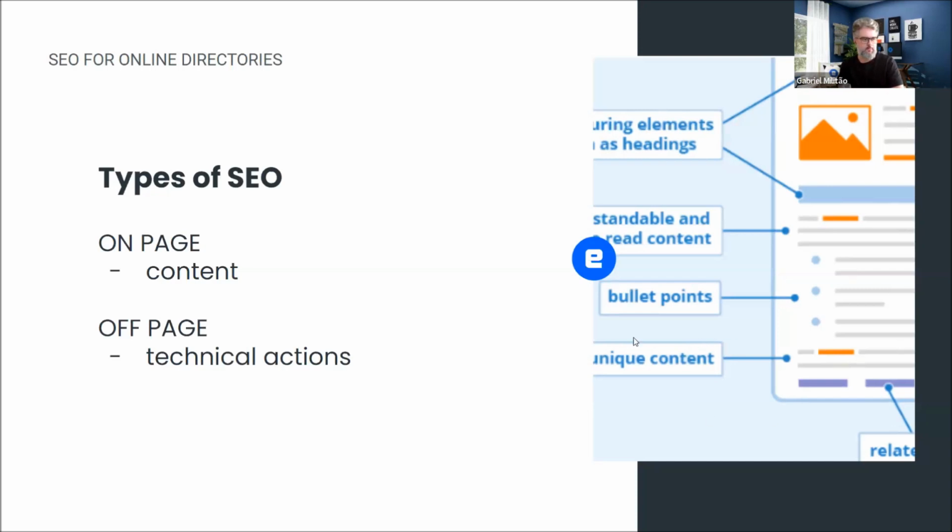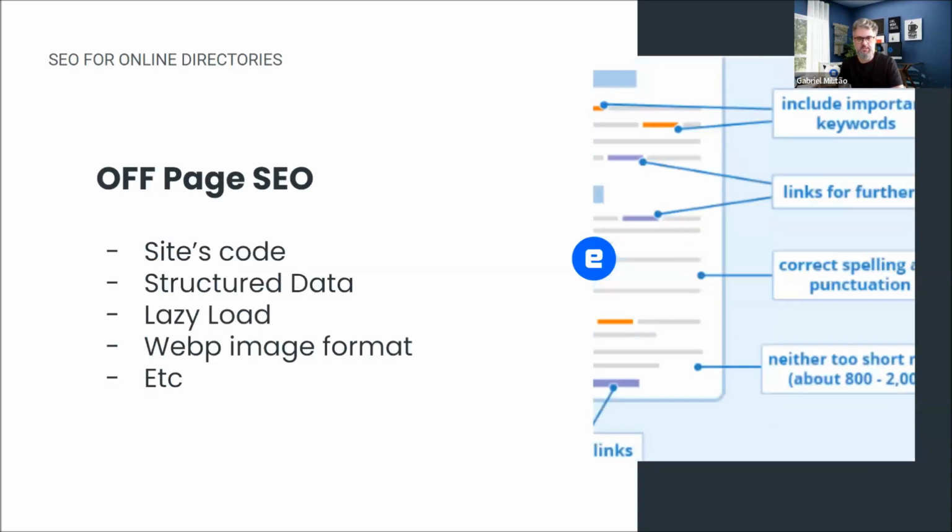So, okay, let's talk about the off-page SEO first. Off-page SEO refers to all the actions taken outside of your website to improve its search engine ranking. These actions focus on improving the user experience and increasing the visibility of your website on other platforms. I'm talking about mobile phones or tablets, not just PCs.